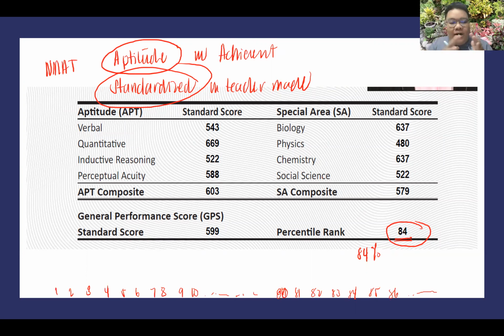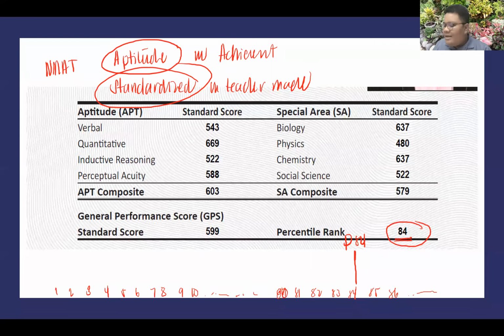Halimbawa, we have a very long line from 1 to 100. If your percentile score, so sabi ko nga hindi yan percent, so mali na sabihin na 84 percentile is 84%. That's very wrong. But if you say 84 percentile, let's say nandyan yung score mo, P84. Ganyan tayo usually mag-refer sa statistics.